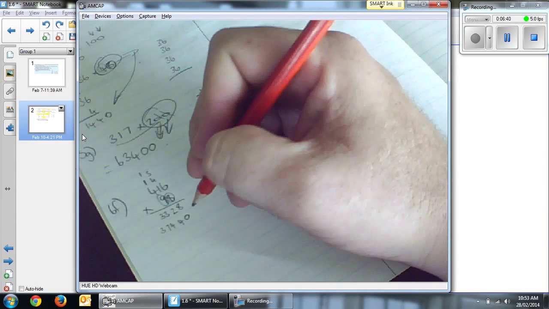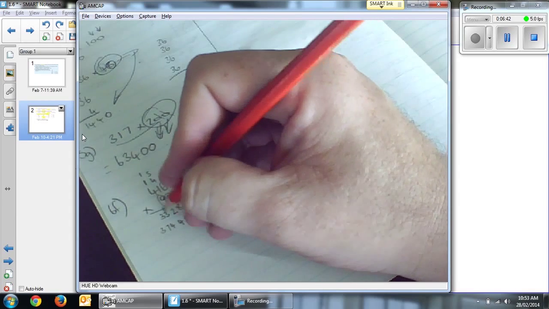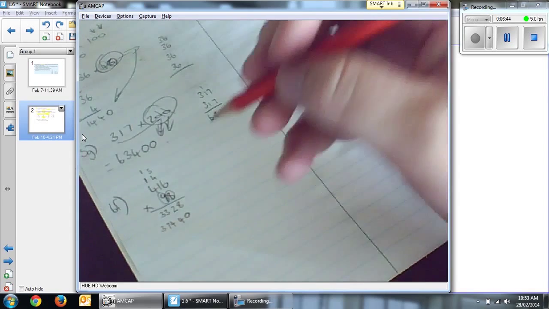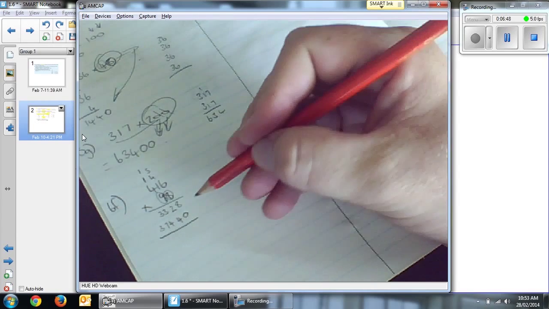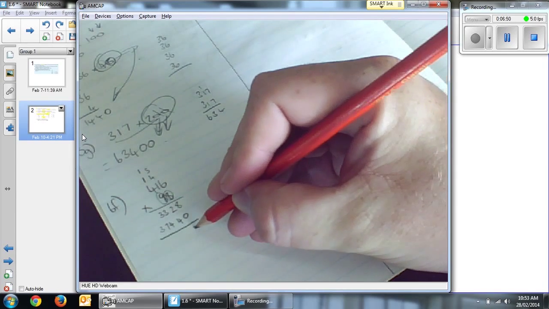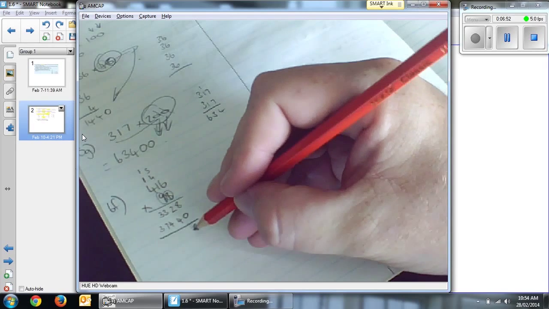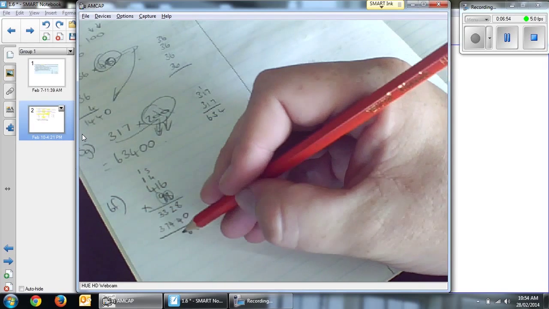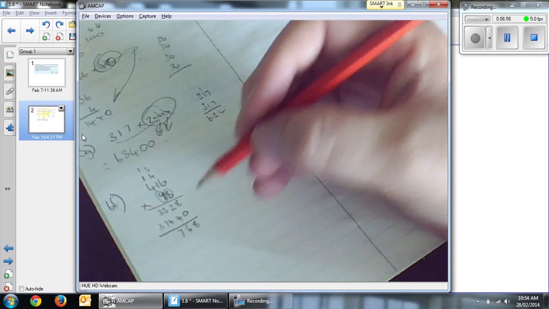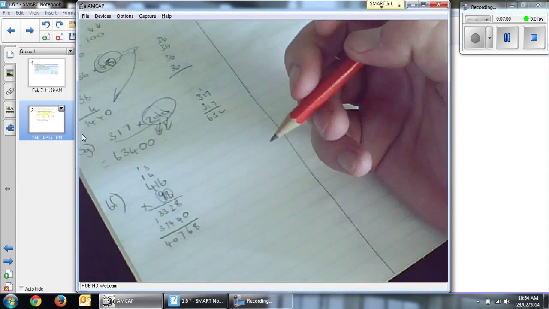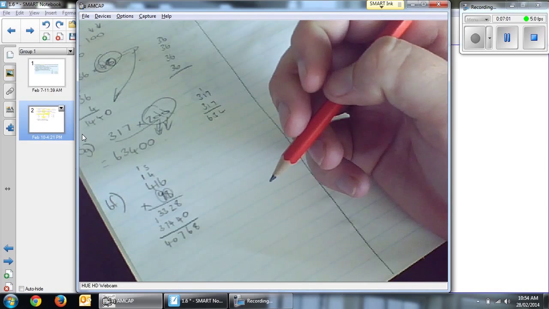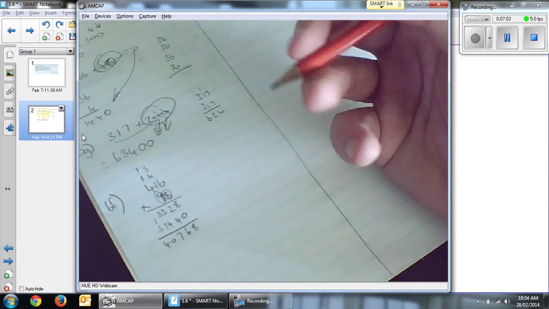So all of our place values are lined up down here. And now all we do is we add them up. So 8 plus 0 equals 8. 2 plus 4, 6. 3 plus 4 is 7. 7 plus 3 is 10. Carry the 1. And we get 40,768. Really important to practice that algorithm.